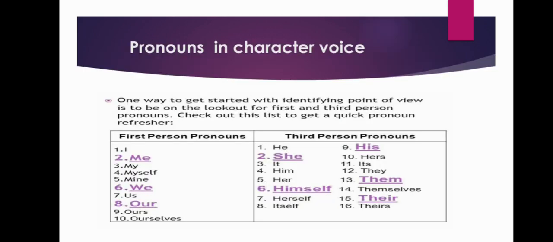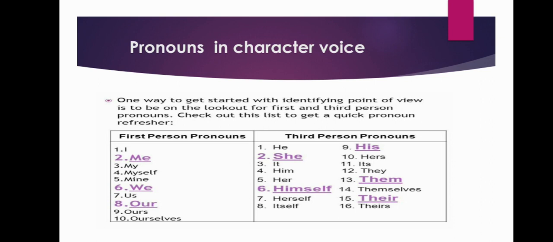Now, one way of identifying the point of view is to look out for pronouns. If the story is being told through first person point of view, you will find pronouns like I, me, my, myself, mine, we, us, our, ours, and ourselves.